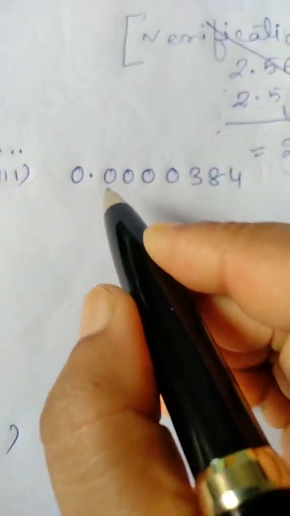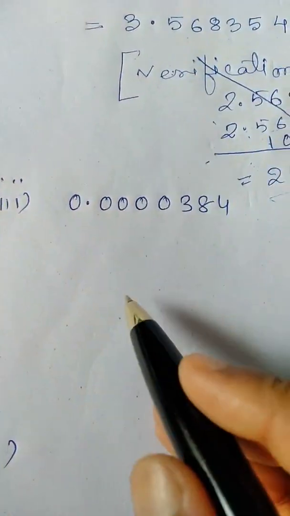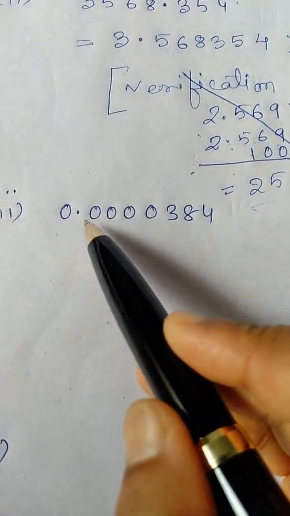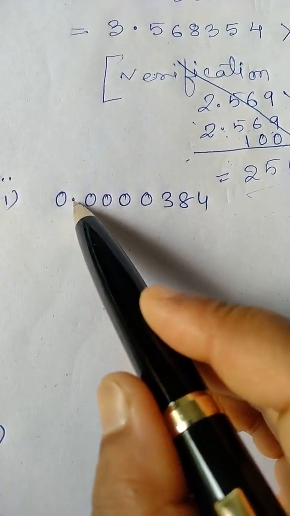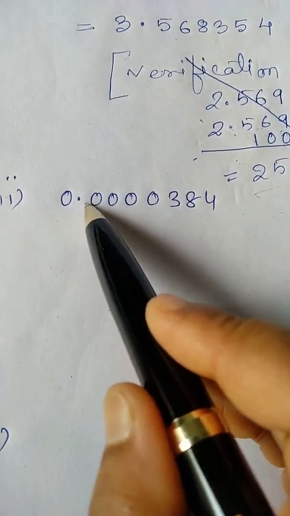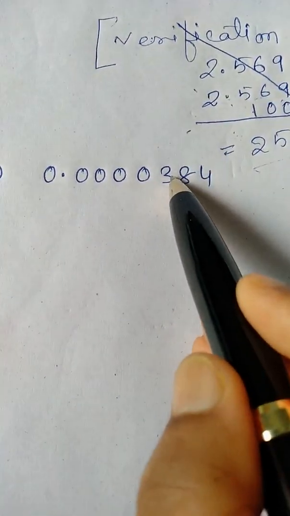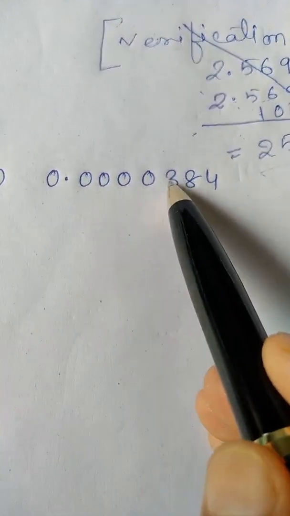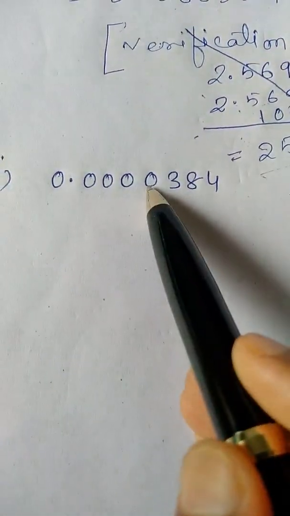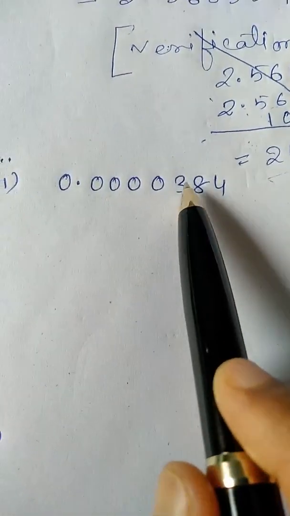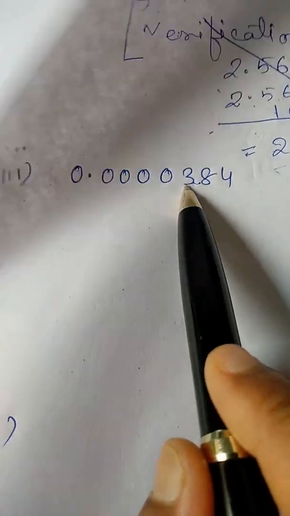Now come to the next question. My next question is totally different from the above two, because now the point is on the left side. You have to move the point to the right side, because here the zeros are there, and zeros have no values. So you have to take the point after 3. 3 is the digit.